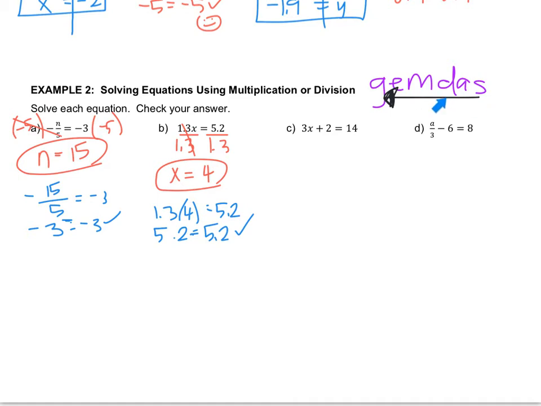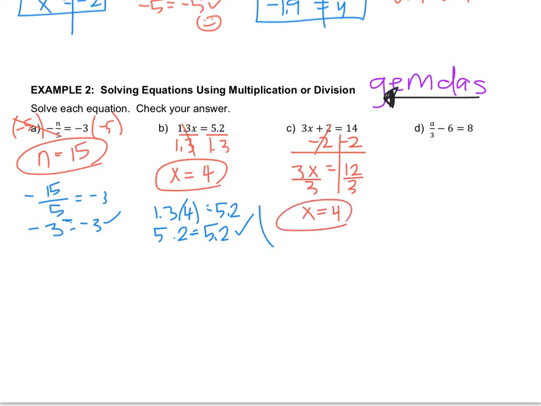So we're going backwards to solve the equation. So first thing I'm going to do is subtract 2. So we'll get 3x equals 12. And now I have multiplication, so I'll get rid of it with division. x equals 4.